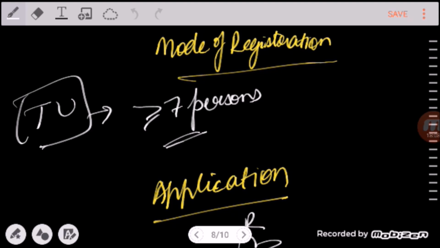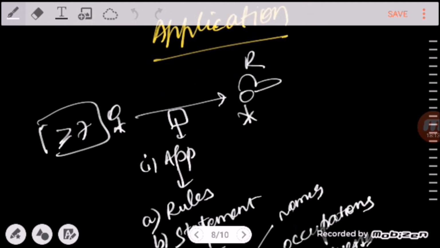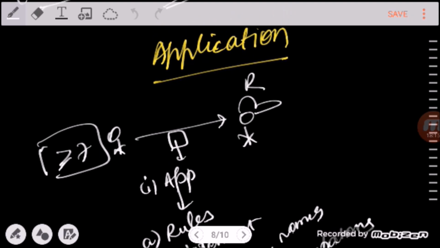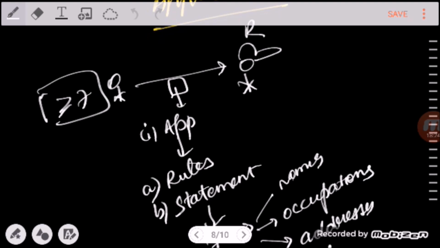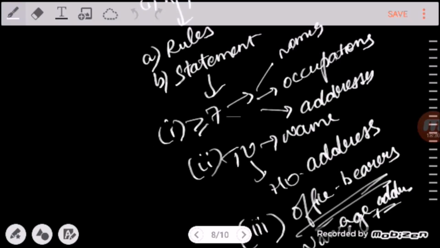Then we discussed the application for registration. 7 or more persons apply to the registrar. The application for registration includes rules and a statement, and this statement contains the details of the persons making the application, details of office bearers, the name of the trade union and the address of the head office.